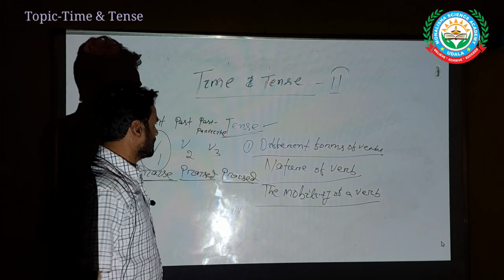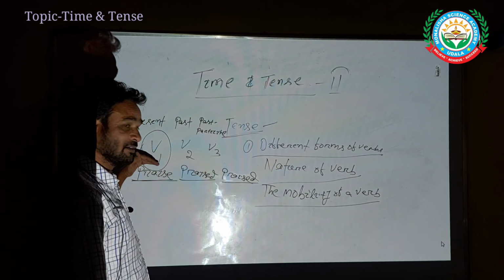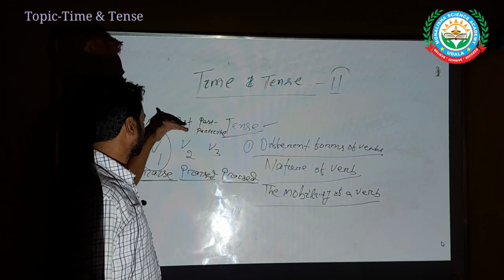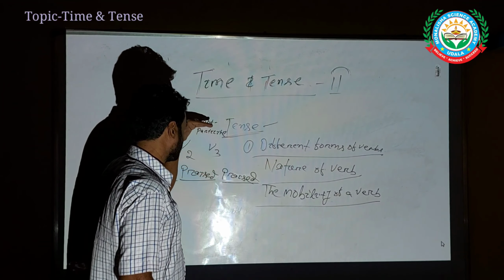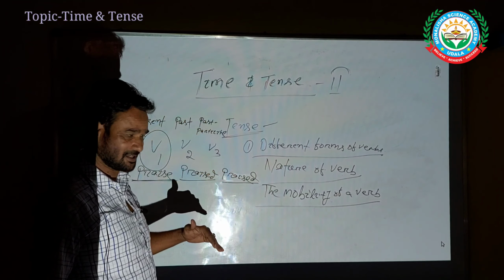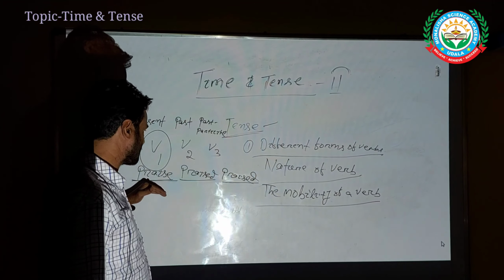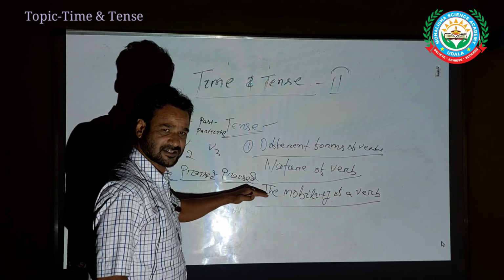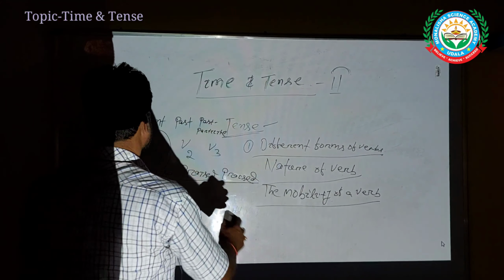Right? So you see one thing here, present tense V1, otherwise known as past tense V2, and past participle is otherwise called V3. Praise, for example, praise, praised and praised. Right? Okay.